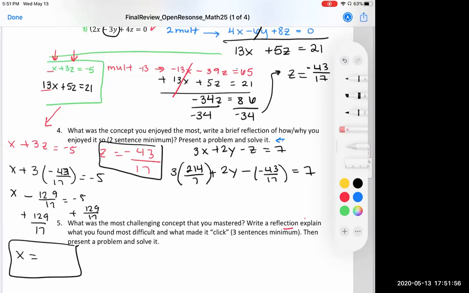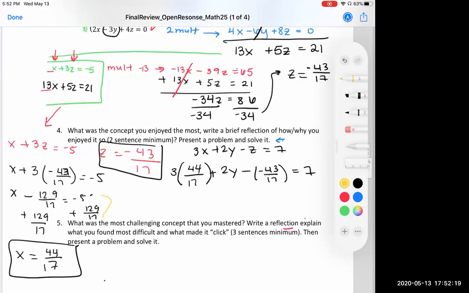But that one, we've got to fix that one, right? So it's not 214 over 17. Once we reduce it, it's 44 over 17, because it was a -5. I didn't show the work, but what's going on here is we get a common denominator.